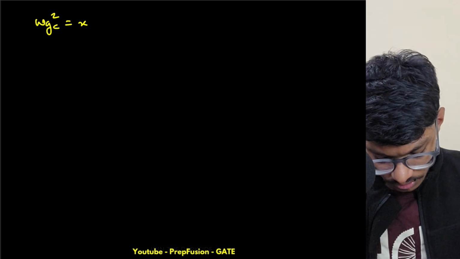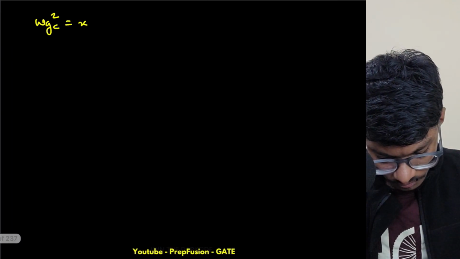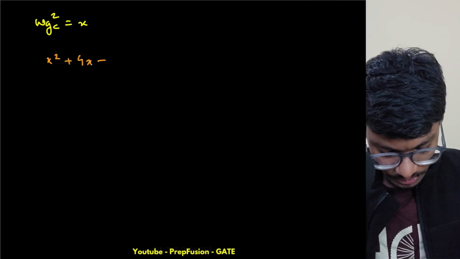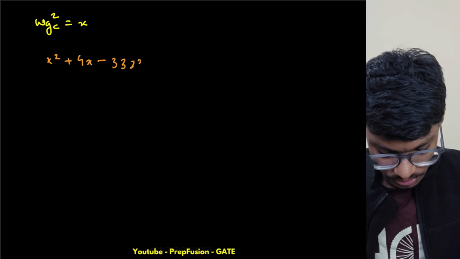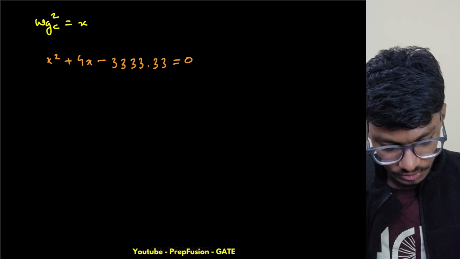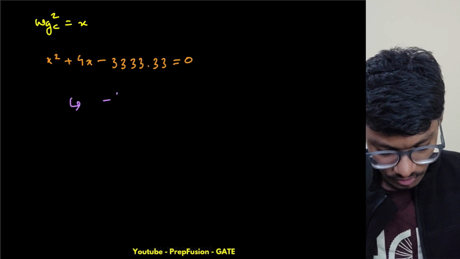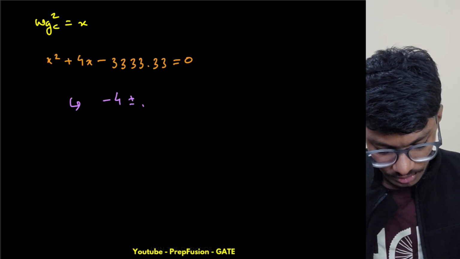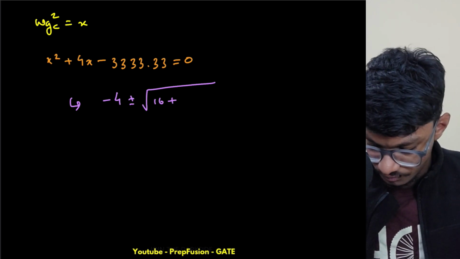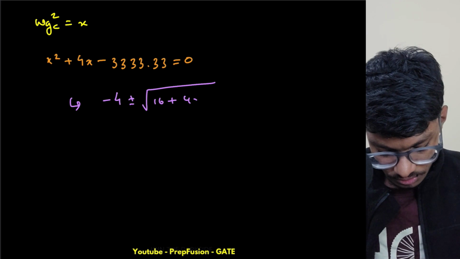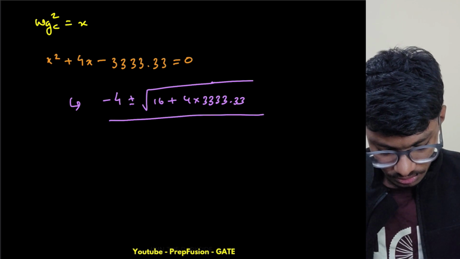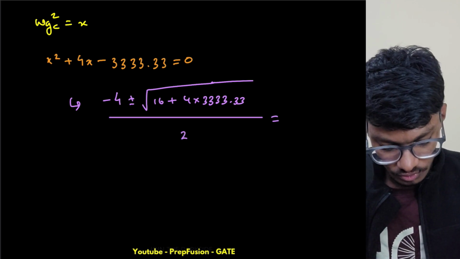So simply the equation will become x square plus 4x minus 33.33 equals to 0. Now simply you use the quadratic Sridharacharya formula, minus 4 plus minus under root b square, 16 plus 4ac, so 4 into 33.33, divided by 2.